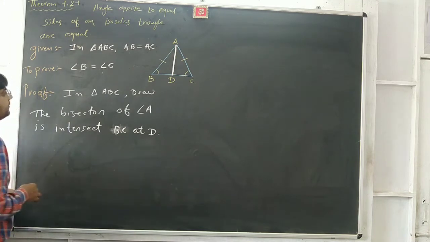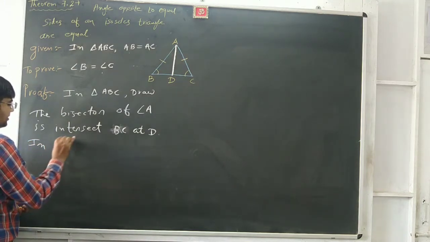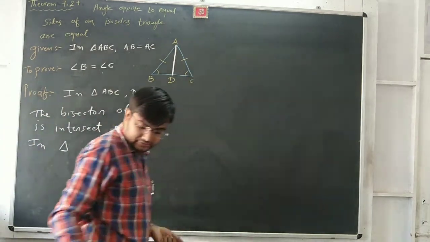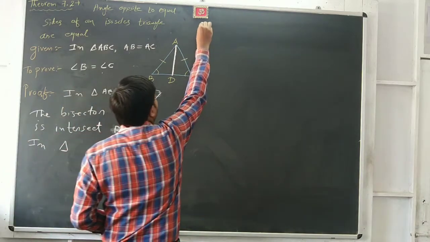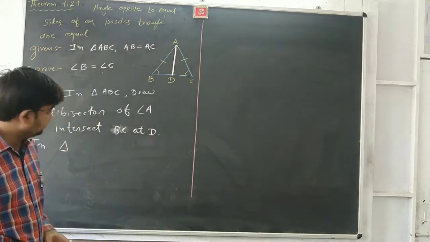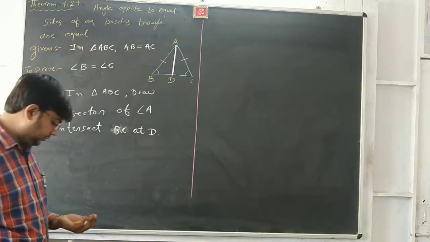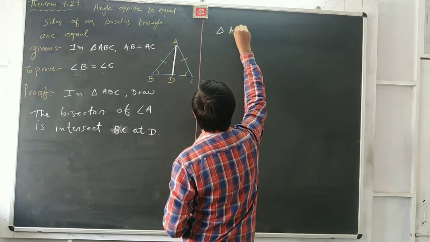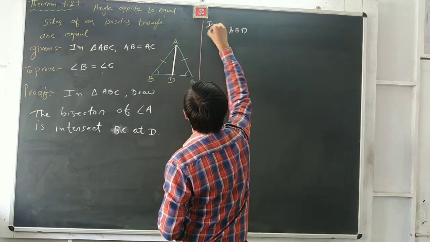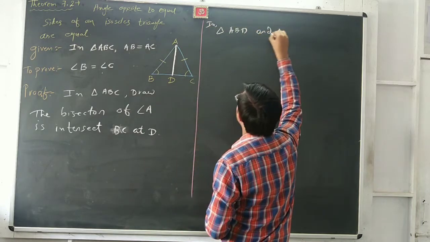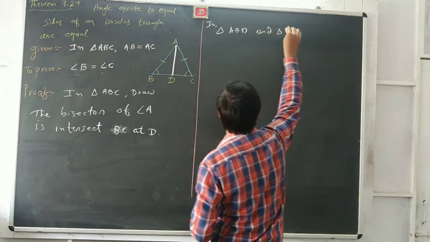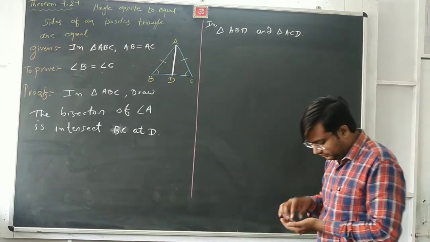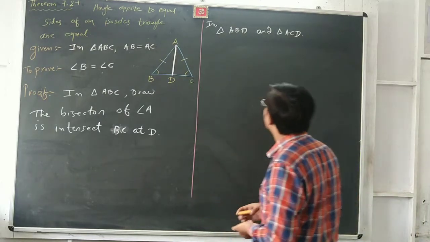First of all, I can say that now in triangle ABD and triangle ACD, we have to write that.